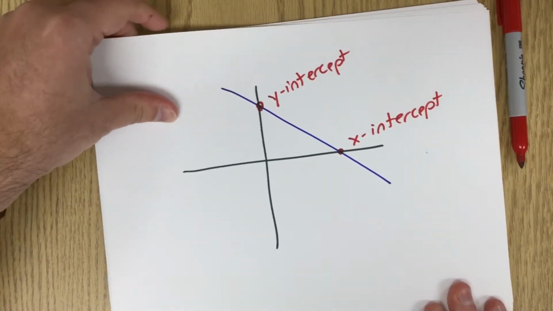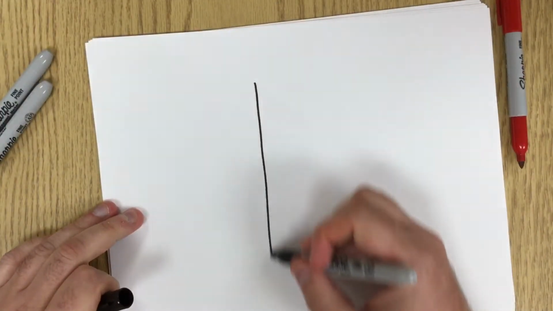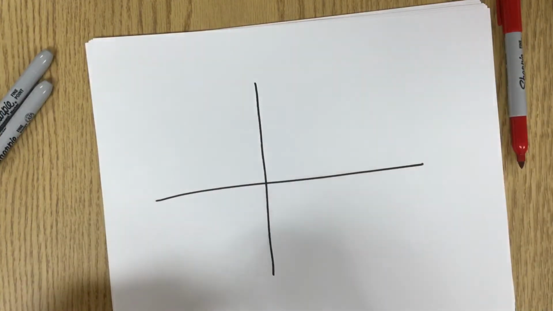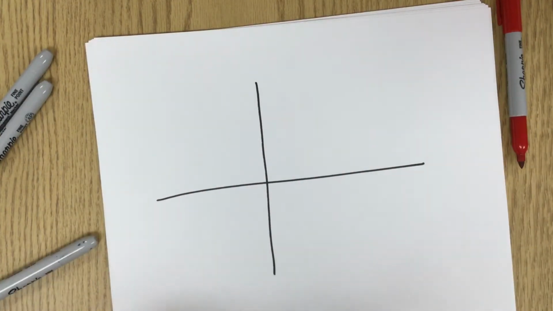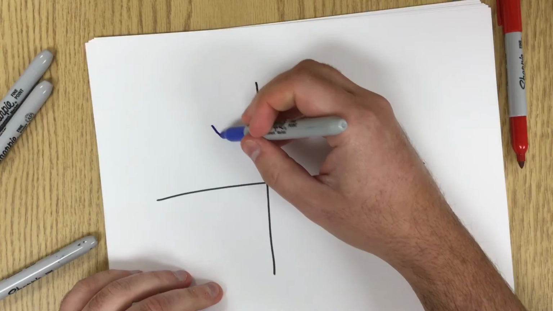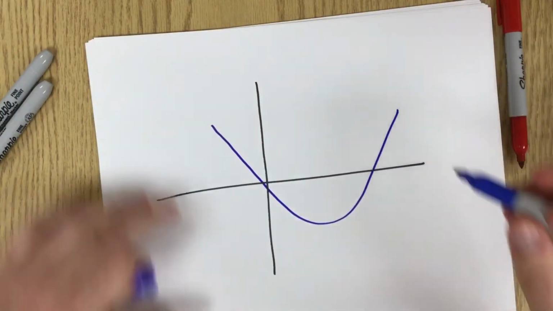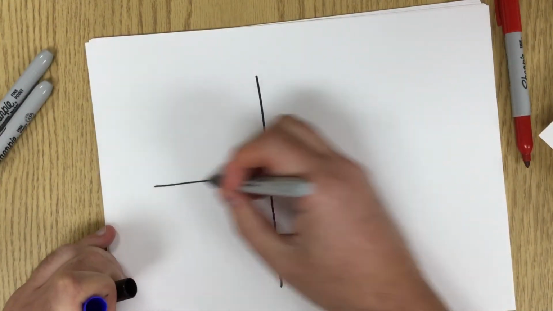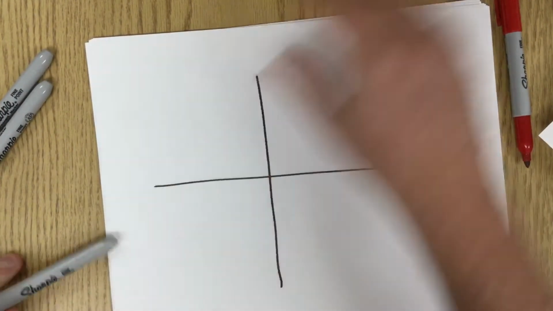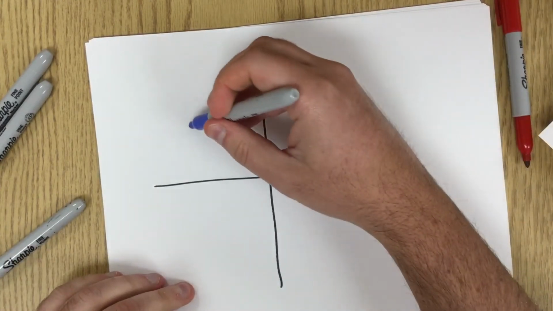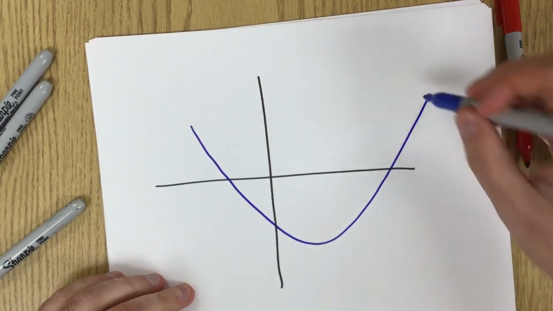And in fact, it doesn't even have to be lines. What we could have is something like this. That's poorly drawn. Not what I want to do. Better.